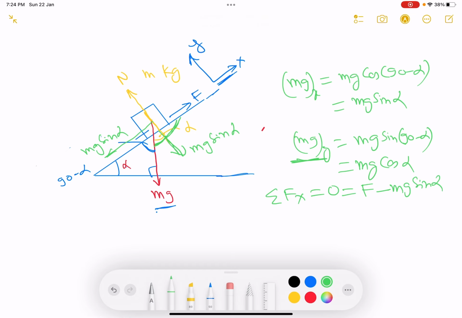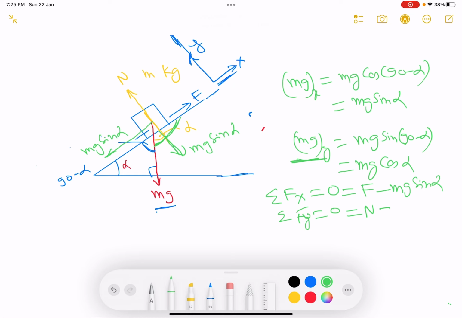And sigma Fy is equal to 0. So this will be equal to 0. That means, y is this direction, okay? This is your y direction. So the normal N, which we have shown, is along positive y. So we'll write N minus, now you'll write the downward mg component, which is acting perpendicular to the inclined plane.